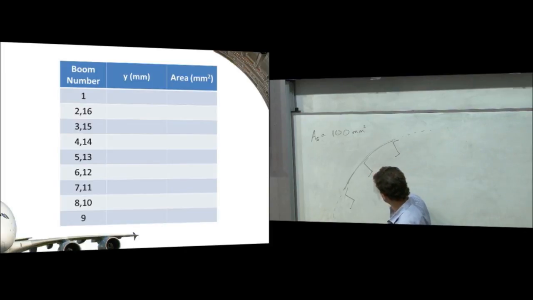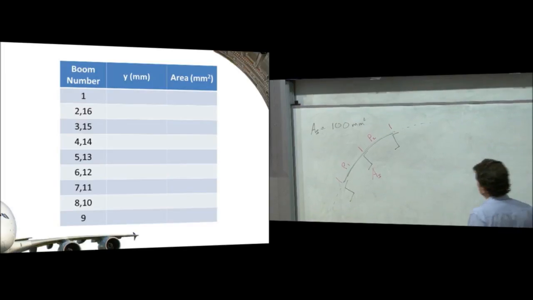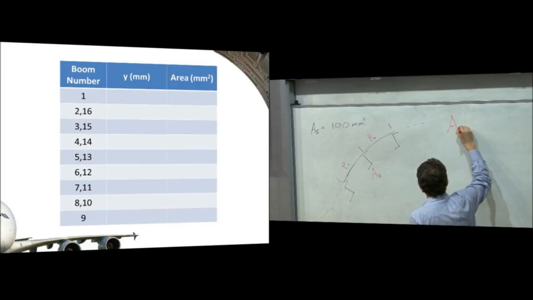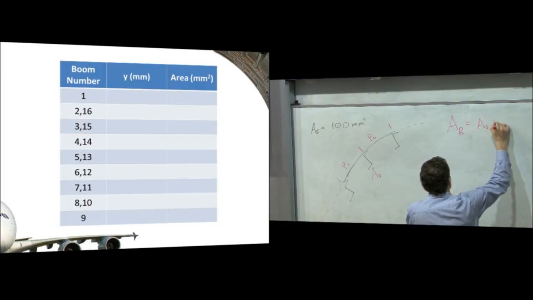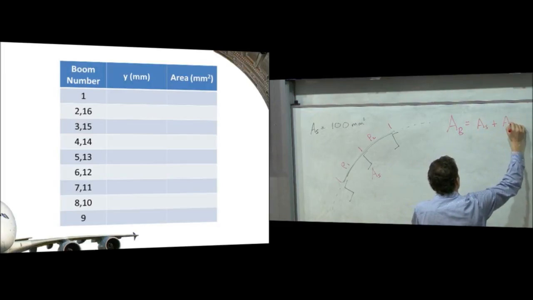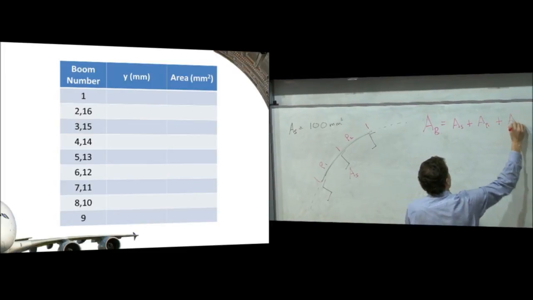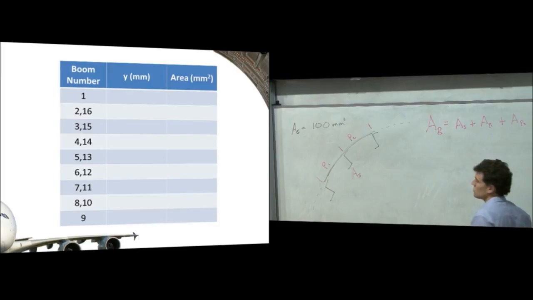Let's call this the stringer of interest, and that stringer has an area A. Now there's a panel to one side and a panel to the other side of the stringer. So the area of our boom is the area of the stringer plus the area from panel 1 plus the area from panel 2.